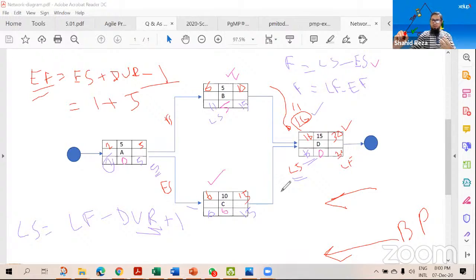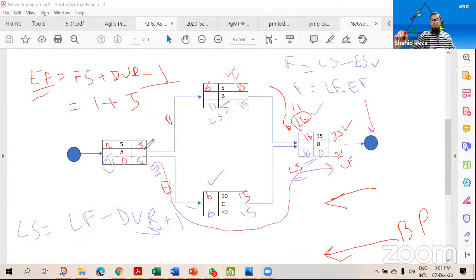But here mathematically we have found that these are the 3 tasks, and this is the path in which every task is critical, because float is 0. That means you cannot delay any task of this path by 1 day. If you delay by 1 day, the project schedule will be shifted. So that's why this path is the critical path.